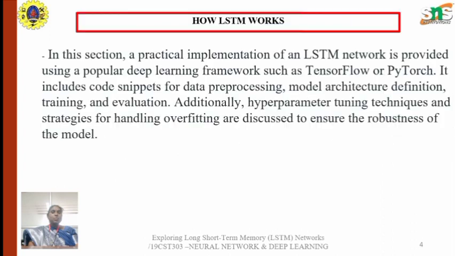How does an LSTM work? During the forward pass, the LSTM network processes the input sequence step by step, updating the cell states and hidden states at each time step.